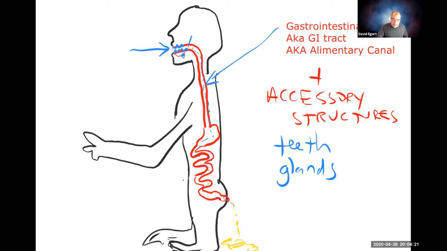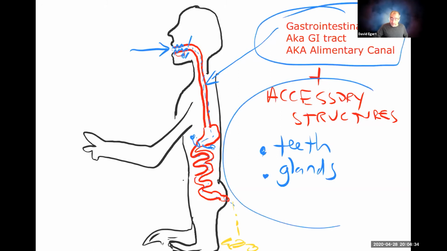You're going to have salivary glands, and you're going to have the pancreas and the liver. So we're going to talk about those as well. We'll talk about the GI tract. We'll talk about these accessory structures. And we'll talk about both the breakdown and the absorption that is happening along the way as we do this whole thing.